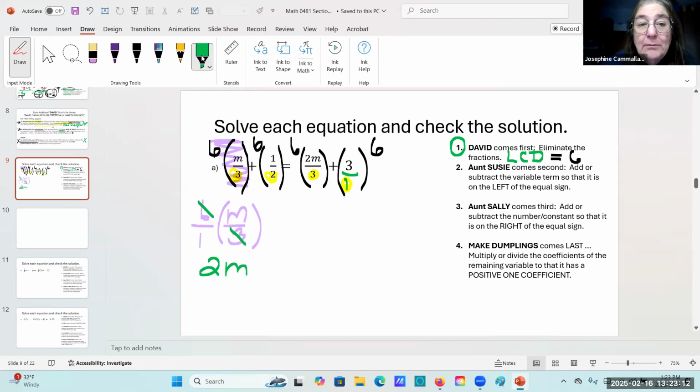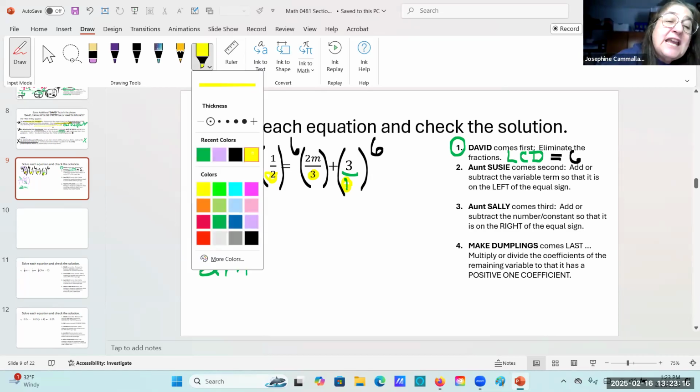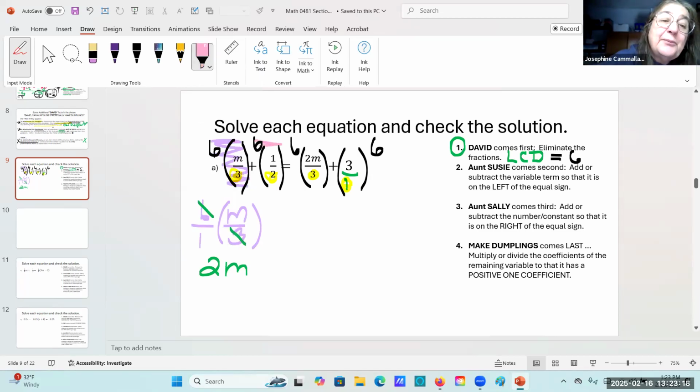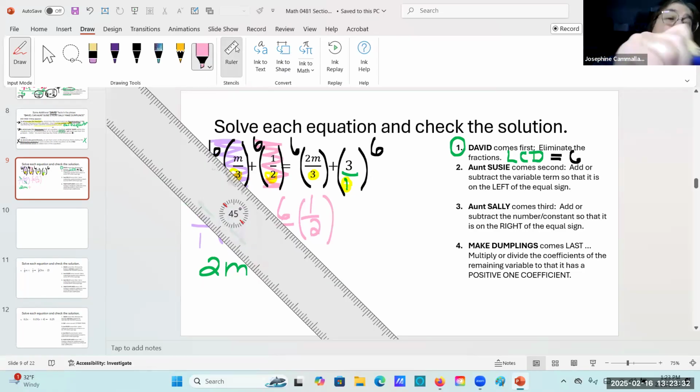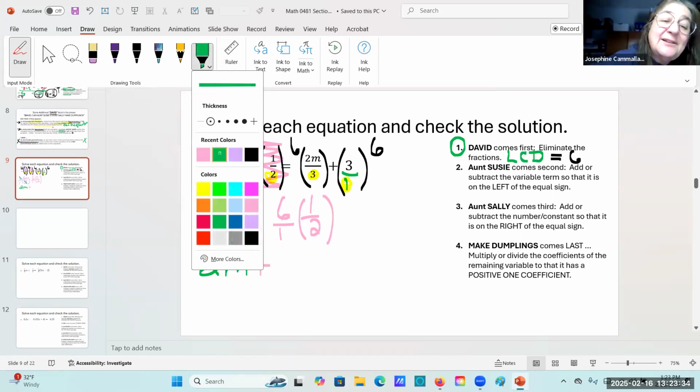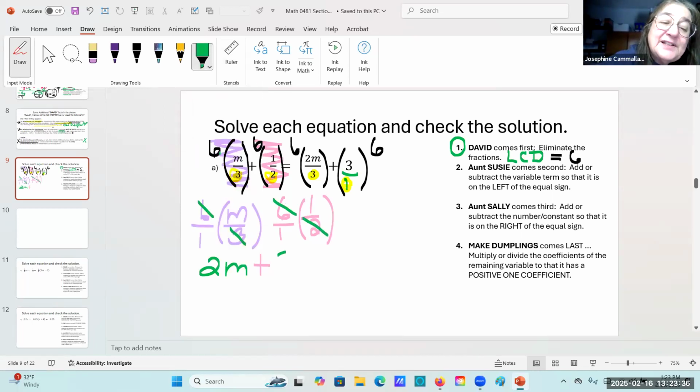I have 2m. Now, I'm going to take this term. And notice it comes behind the plus. This is going to be 6 over 1 times a half. When I cross cancel, this is going to give me plus 3.